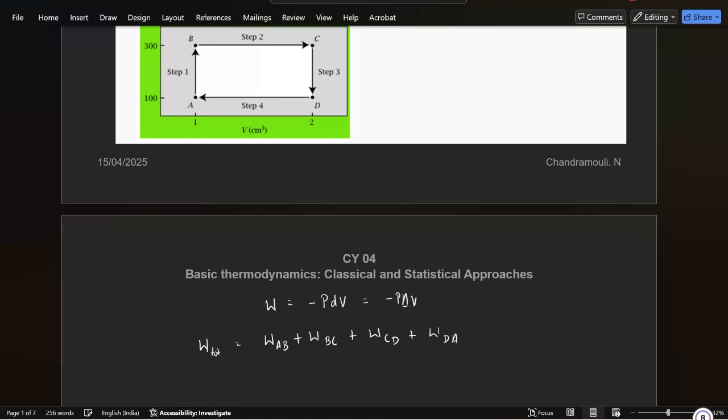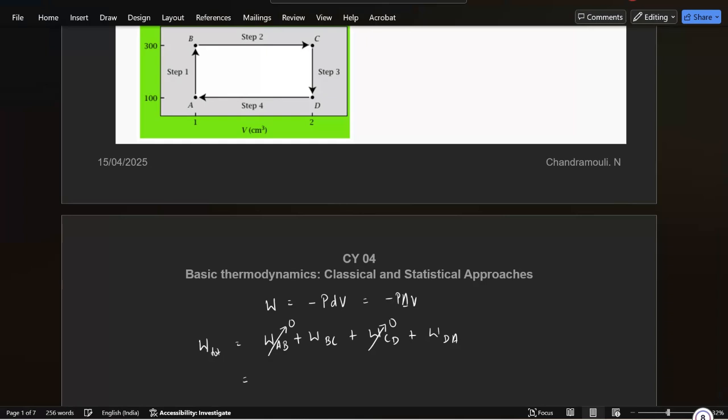In this AB path, is there any volume change? No, sir. So then the work done is going to be 0, right? Yes. Similarly, in path CD also, volume change is 0, so work done is 0. So we have work done only at BC.